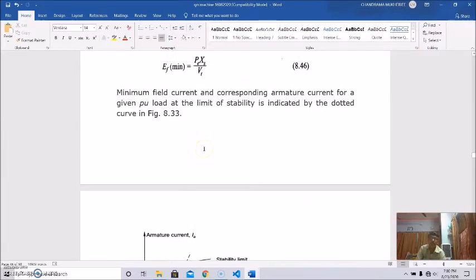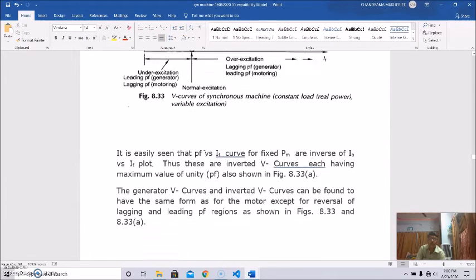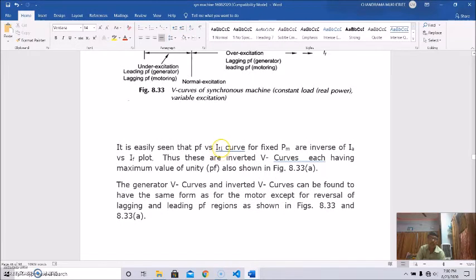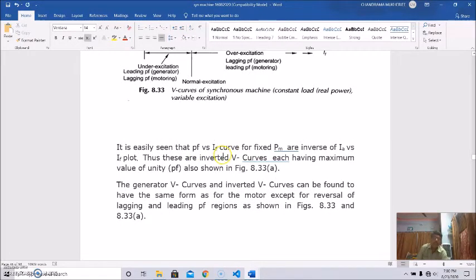It is easily seen that this IF curve for PM, that is the mechanical power, is the inverse of the IA versus IF plot, and thus these are inverted V curves.